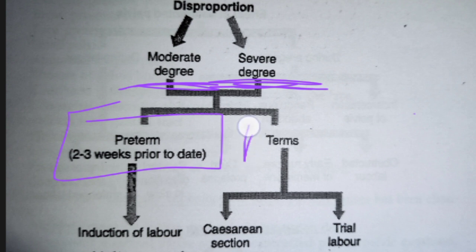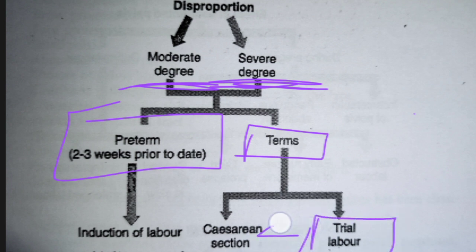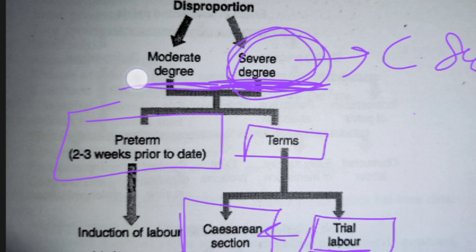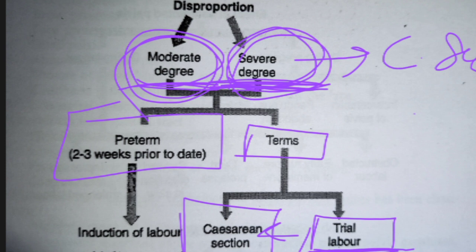If it's full term, then we will go with trial labor first, and if trial labor is not working, then we will go with C-section. In this, do remember, in severe degree we can't perform trial labor, that is, normal delivery is not possible at all. In severe degree we will directly go with C-section, but in moderate degree we will try for normal delivery, trial labor. If not possible, then we will go with C-section.